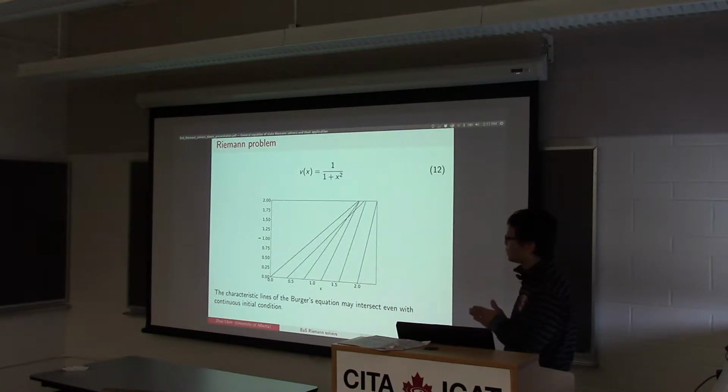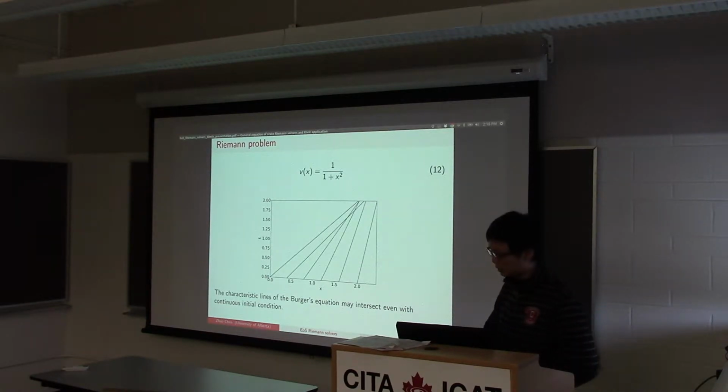This poses challenge because when they intersect, the Riemann solver is in trouble, and that's where shock forms. The linear theory doesn't have solution to this kind of intersecting characteristic line. So we need to use the nonlinear theory.